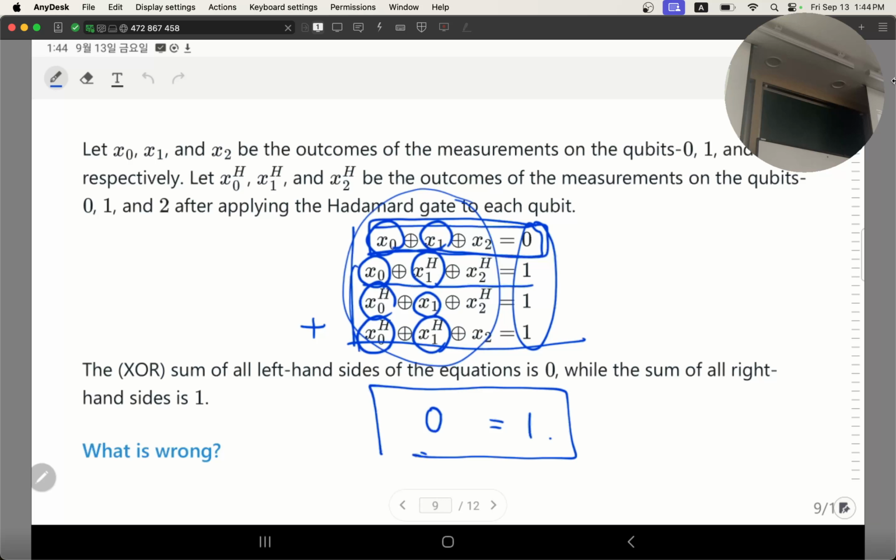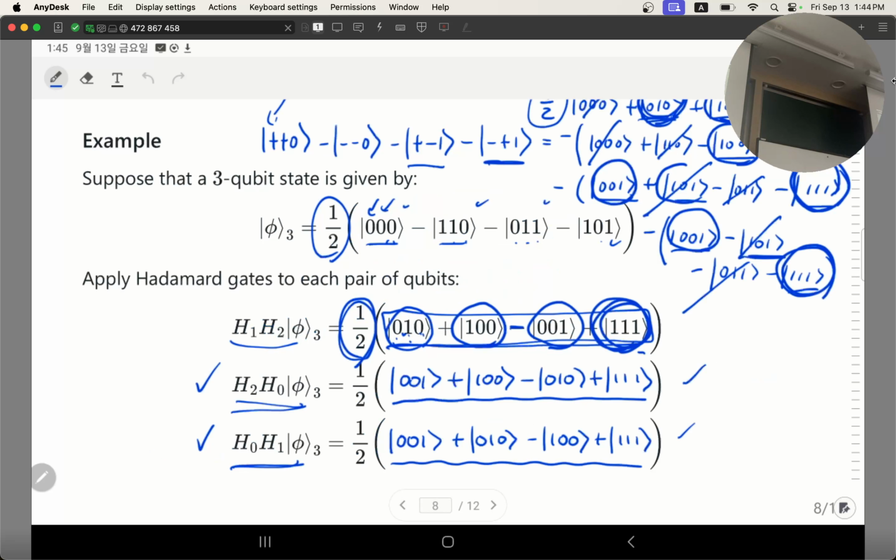But let's imagine a little bit more weird situation. Let's say I have a time machine, okay? I prepared the quantum state with this qubit state, and then I took the measurement without the Hadamard gate, and then I have a result. Then I take the time machine and go back to before I took the measurement, and now I have the same quantum state. Now I'm going to apply the Hadamard on qubit 1 and qubit 2, then take the measurement.